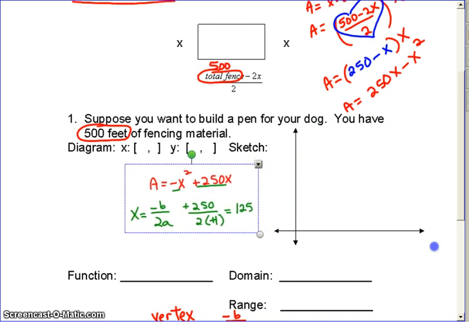Let's move that over a second. The axis of symmetry is going to be right in the middle of your parabola. So if x is equal to 125, let's plug x back into our equation to see how high up this parabola is going to go.